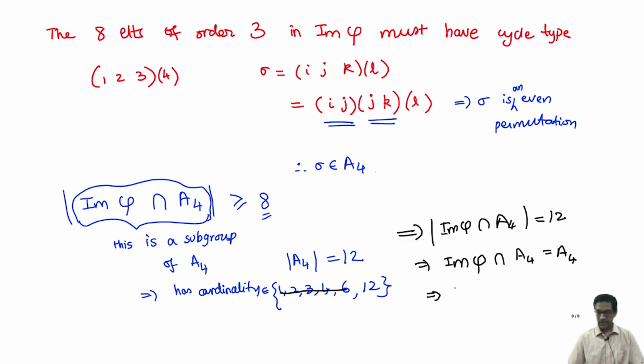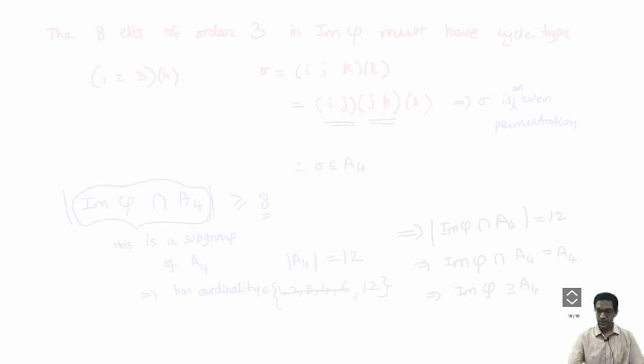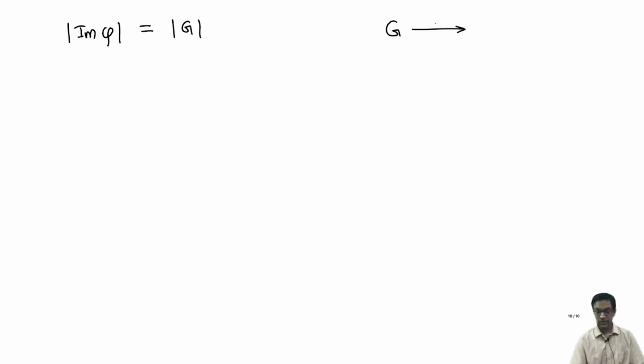Okay, that means that the image contains A4. But recall that the cardinality of the image of phi is the same as the cardinality of the original group G, because phi was an injective map from G to S4, the set of permutations of X. So if G has cardinality 12, then of course the image of G under phi also has cardinality 12.